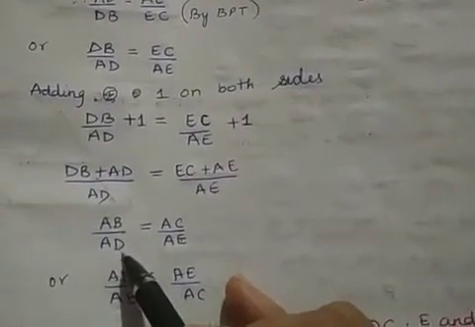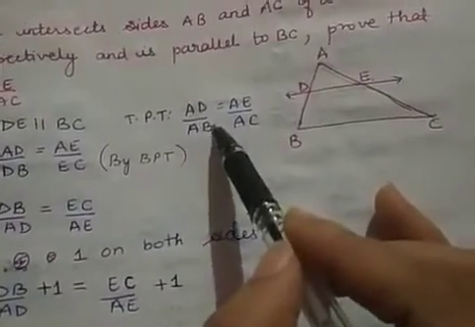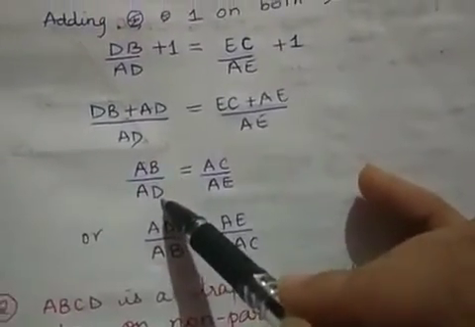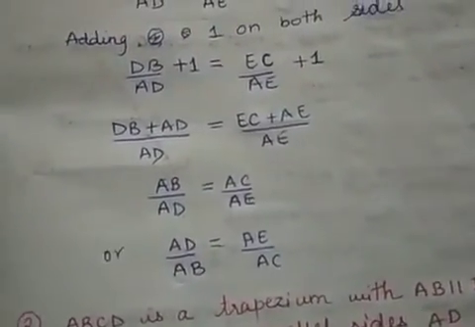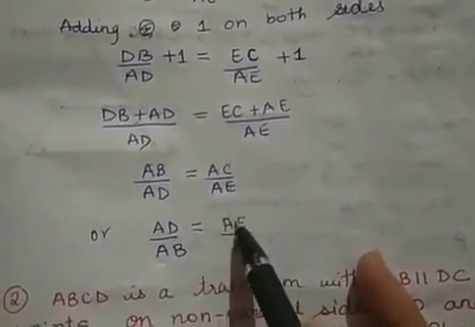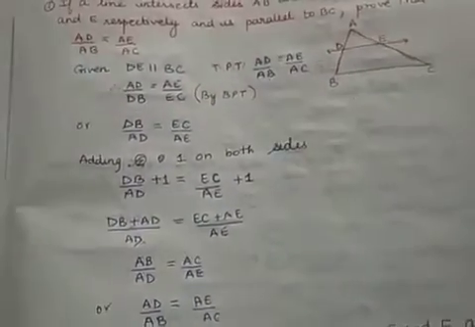So AB upon AD is equal to AC upon AE. But we want AD upon AB, correct? We have AB upon AD. So again we take the reciprocal. So we get AD upon AB equal to AE upon AC. This is what we had to prove.